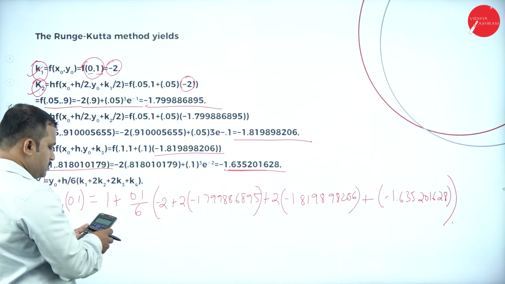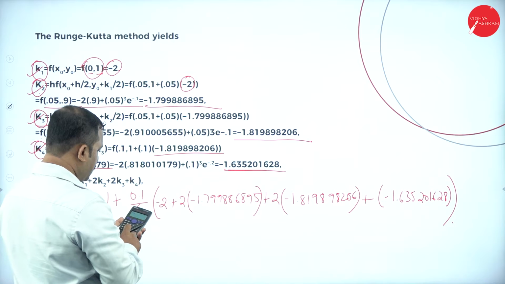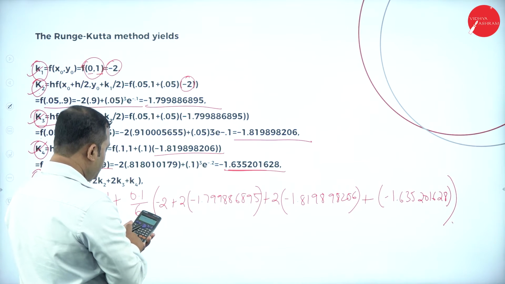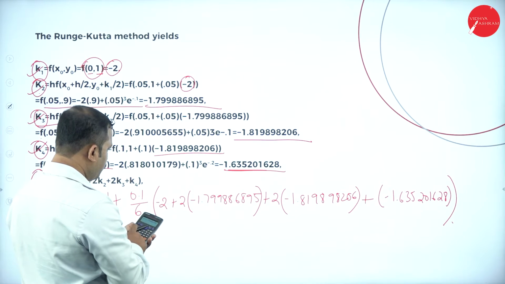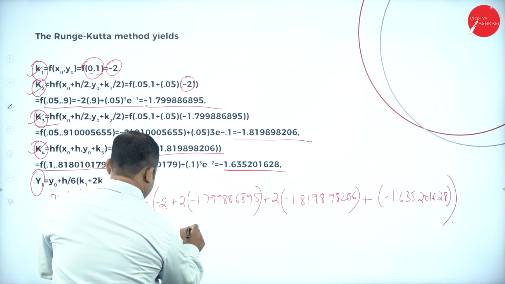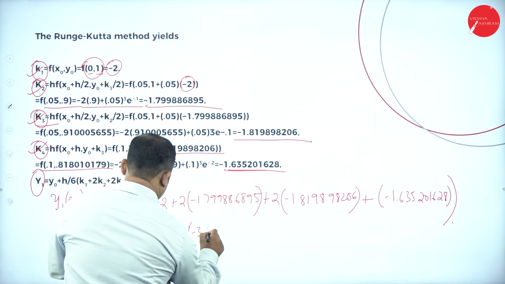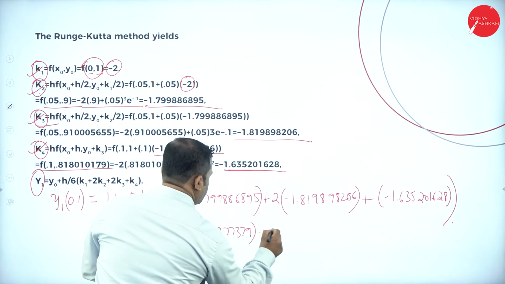If I simplify this term, what is the value I am getting? 2 into minus 1.799886895, that is equal to minus 2 plus of minus 3.59977379 plus this term.